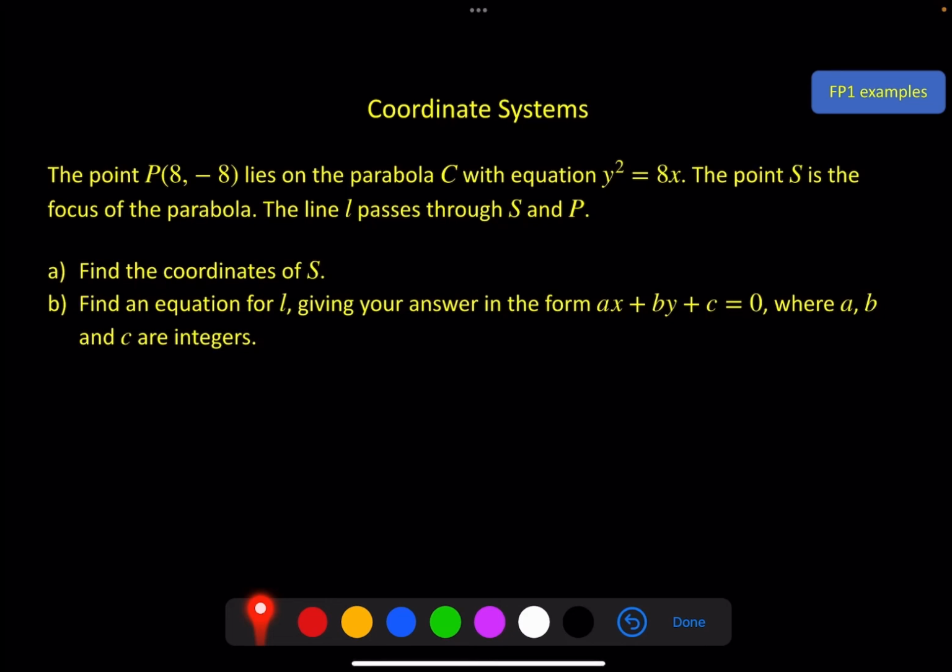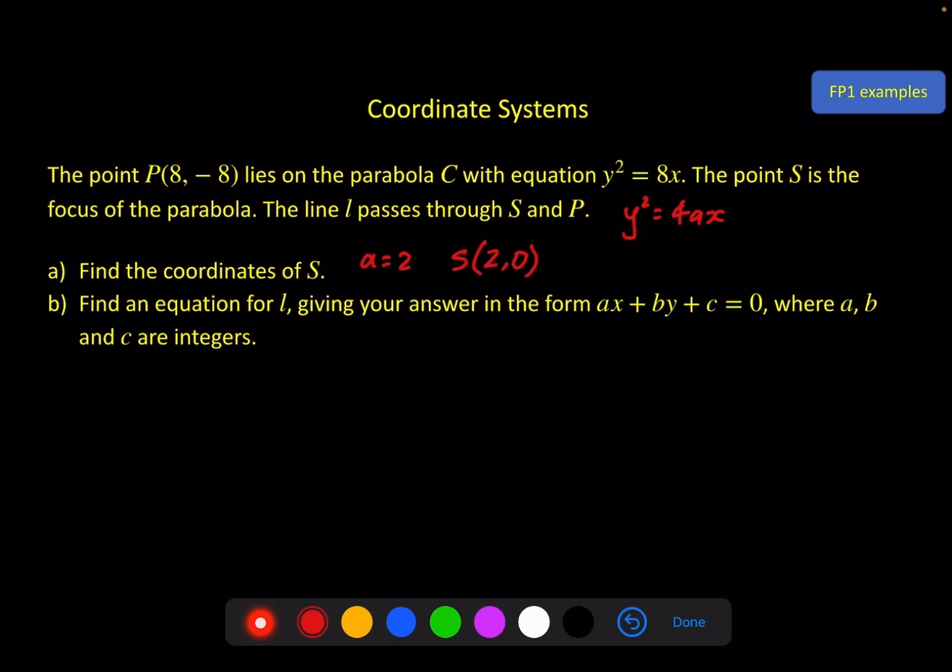So to find the coordinates of S, all we need to do is what we did before, compare this equation with the general equation y squared equals 4ax, and we can see straight away 8 equals 4a, so a is equal to 2, and that tells us the coordinates of the focus are (2, 0).